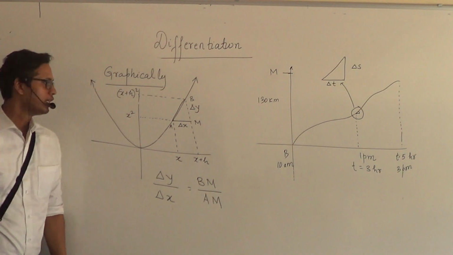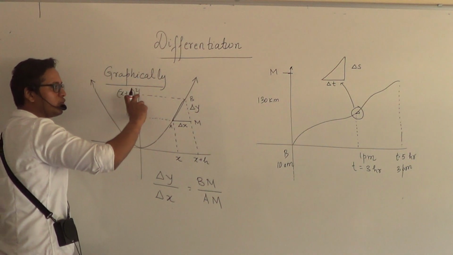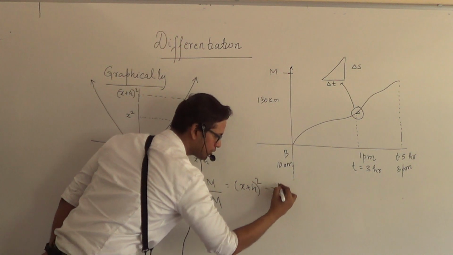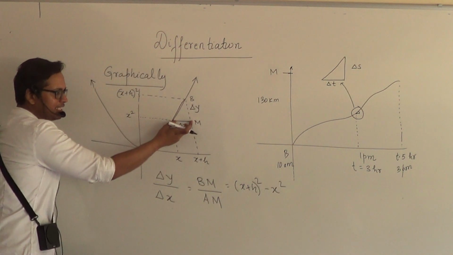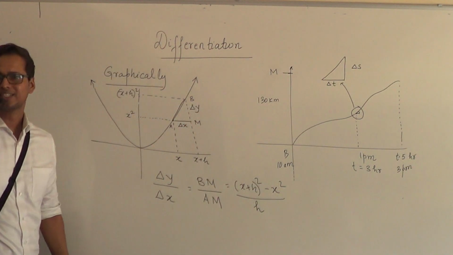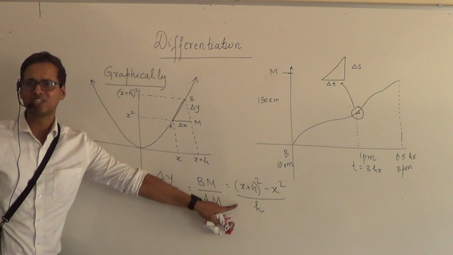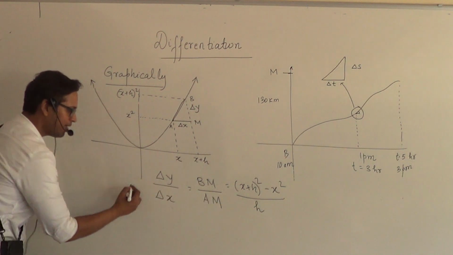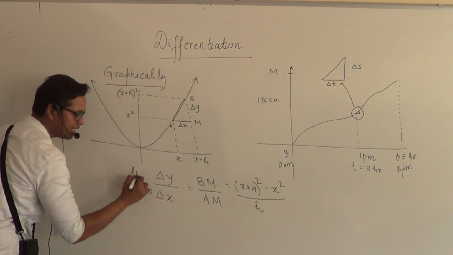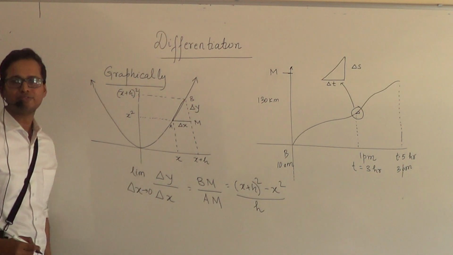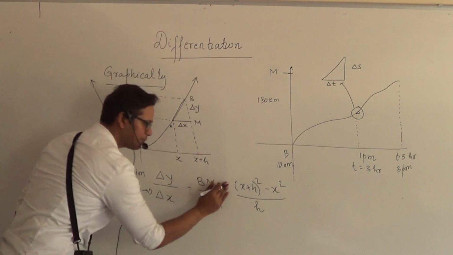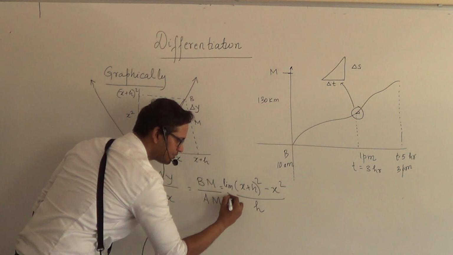The change in y from here to here is x plus h the whole square minus x square. The change in x is h. Very similar to the expression we got earlier. Now when I say delta x is becoming very, very small, that means I am taking the limit of the function as delta x tends to 0. That means I am trying to evaluate this.